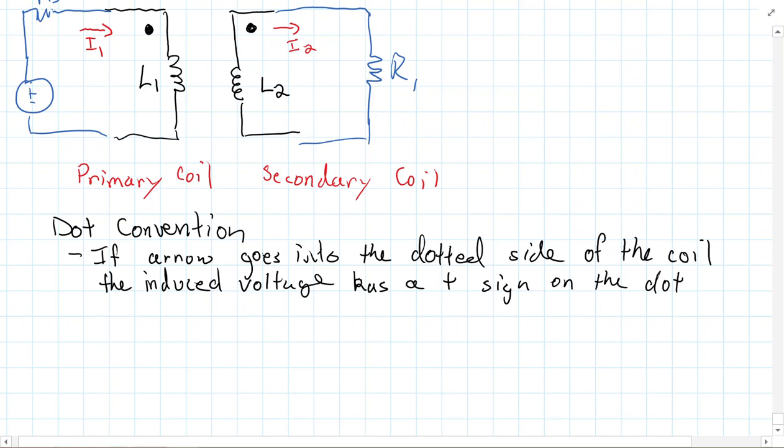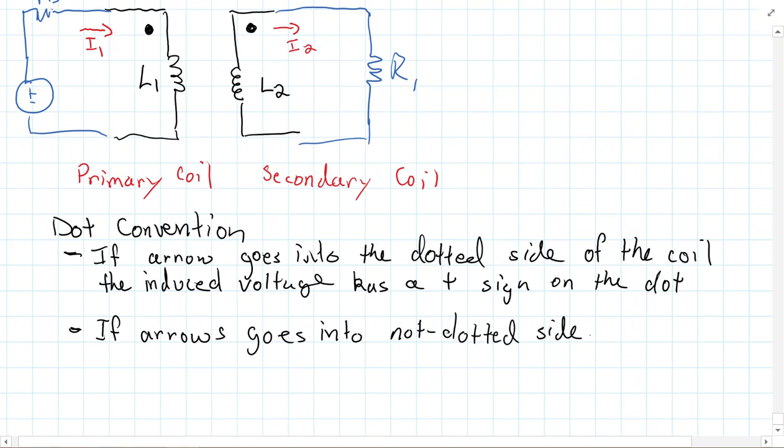And then the exact opposite was the case if the arrow goes into the non-dotted side of the coil.